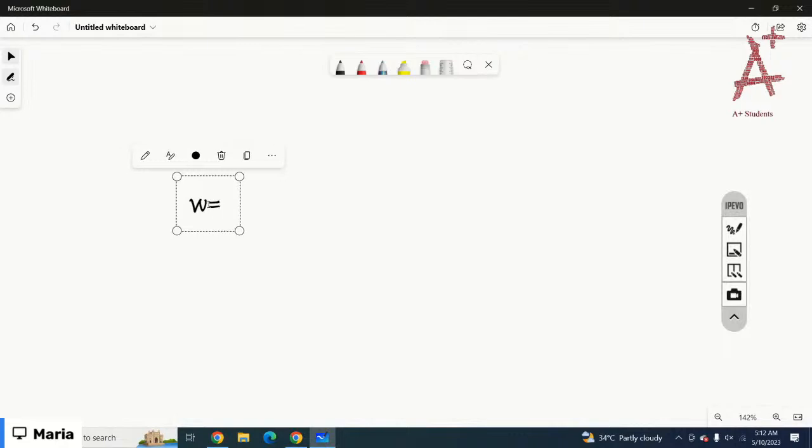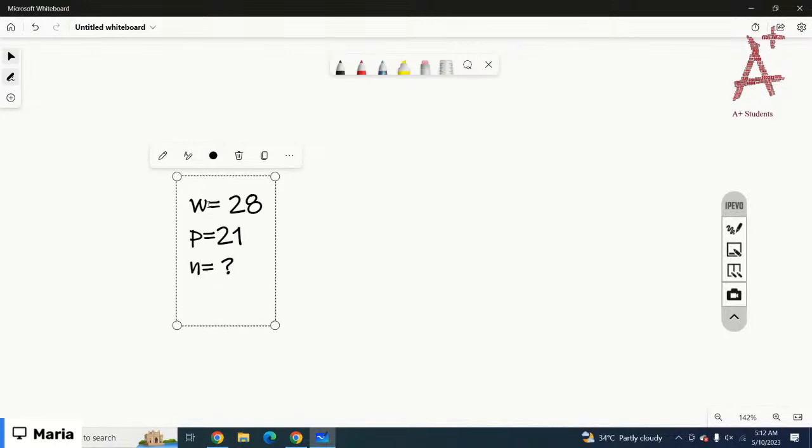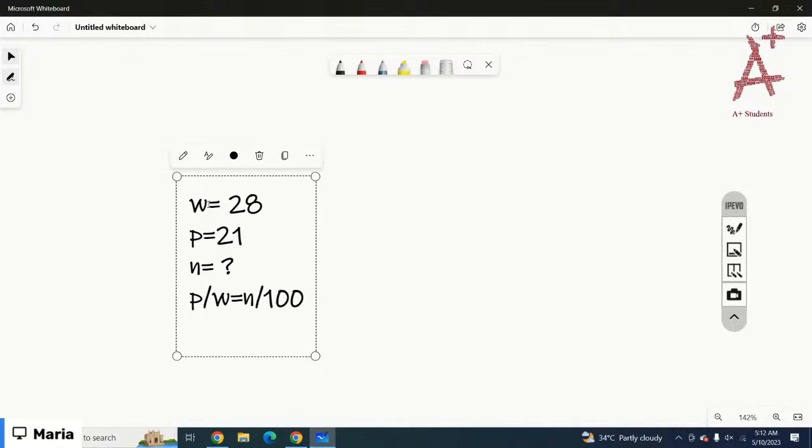Okay, whole is 28, part is 21. You need to calculate. So you need to do part divided by whole, and that equals n divided by 100. Got it. So to put in the values, it would be 21 divided by 28 equals n divided by 100.